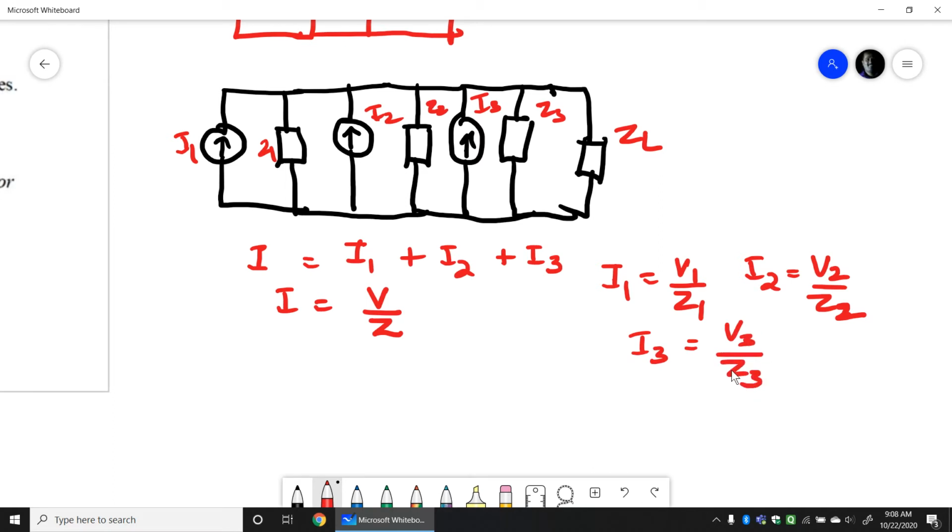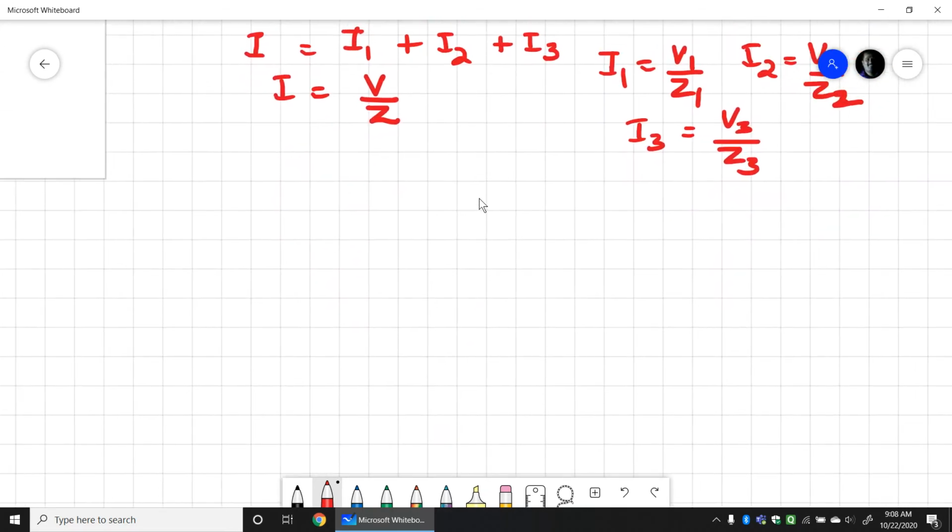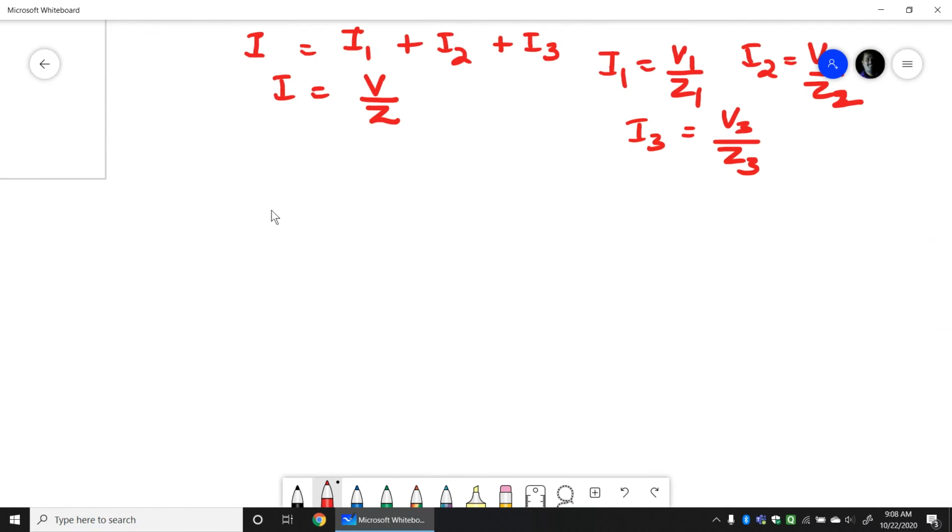So if I substitute that, what will I get? I will get V by Z equals V1 by Z1 plus V2 by Z2 plus V3 by Z3.